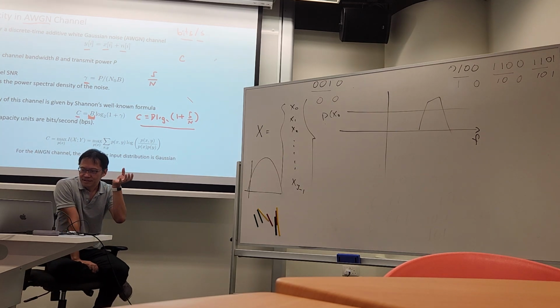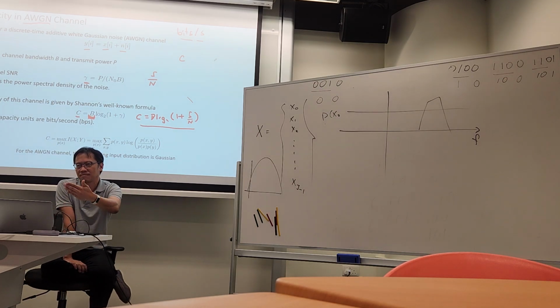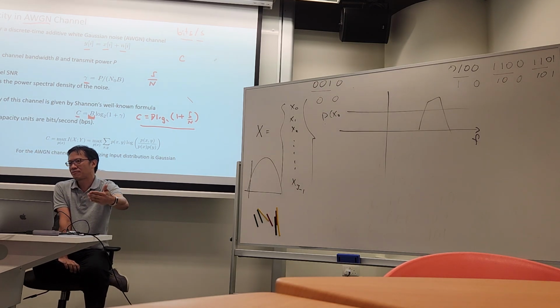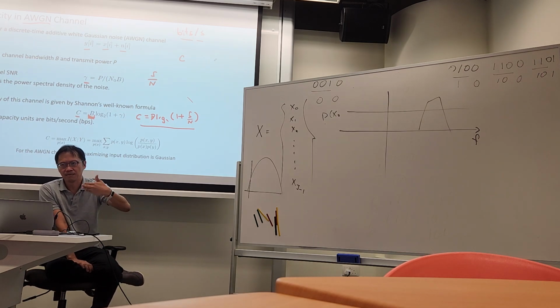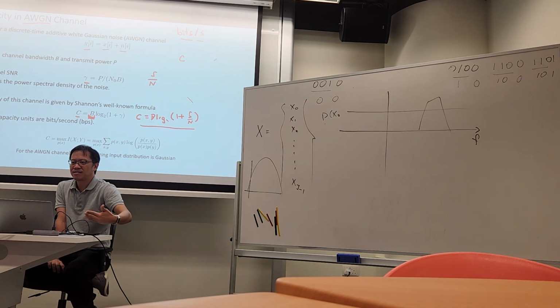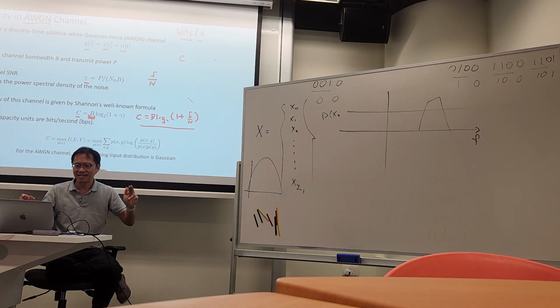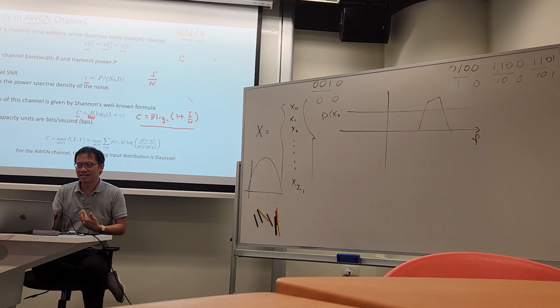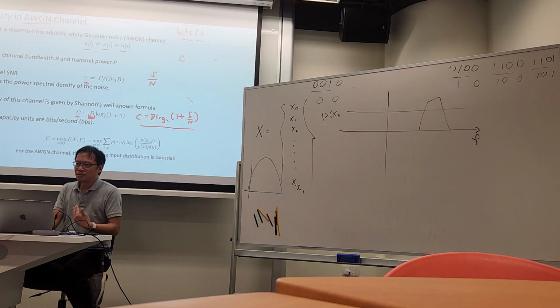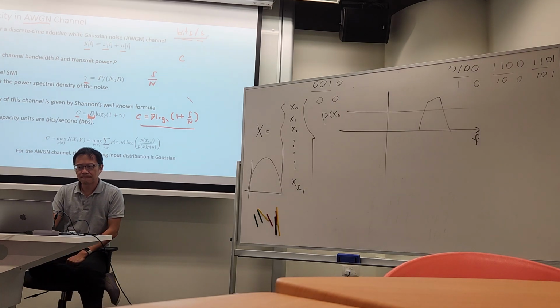Once we have that, we multiply by the bandwidth, because the larger the bandwidth we use, the more often we can use this channel. So the final capacity that we want to know is in terms of bits per second.